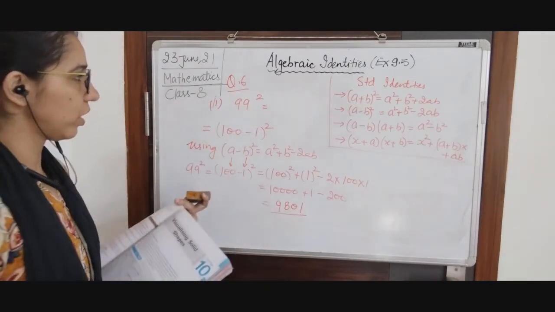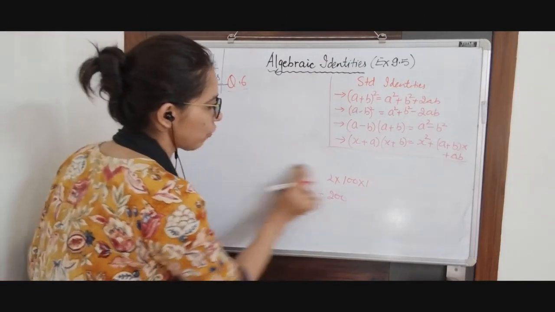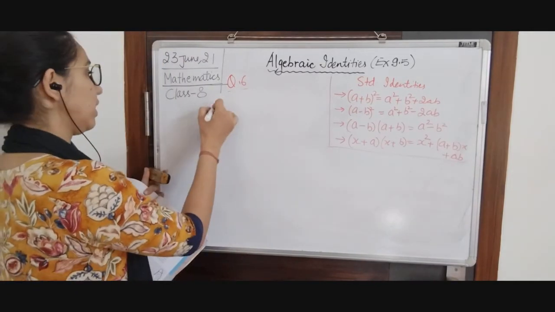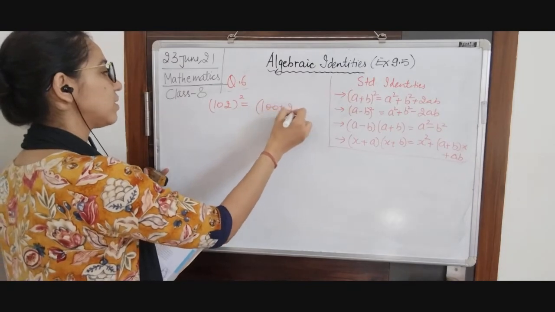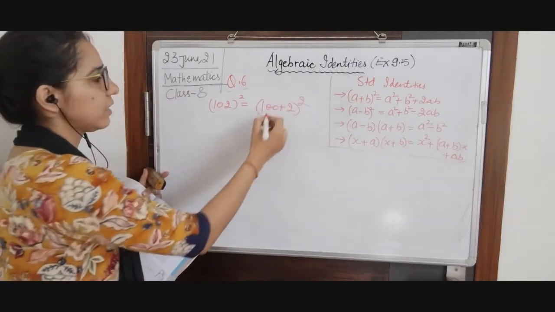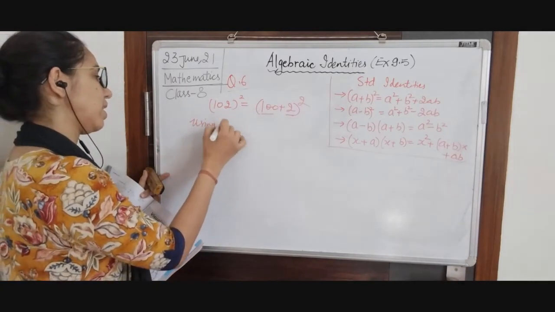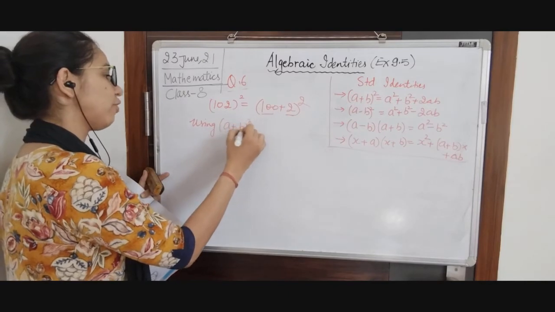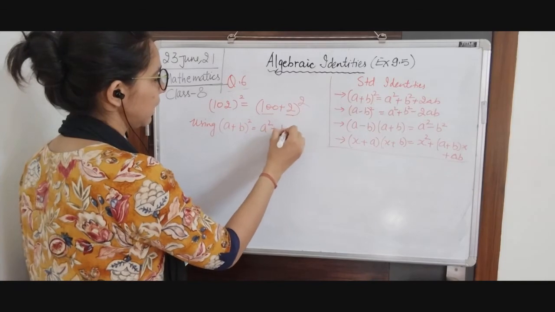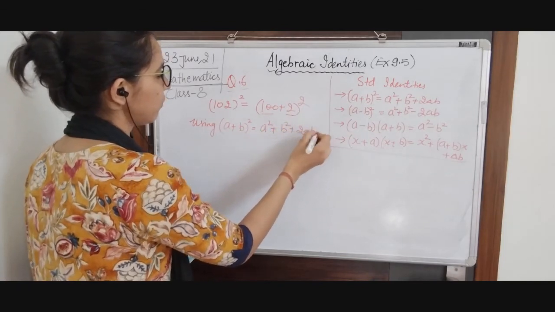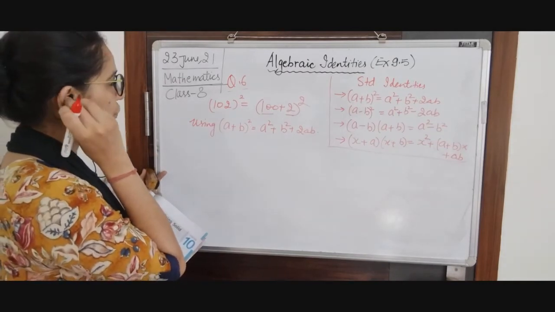Similarly 102 square. Now for 102 square, should we use a minus b whole square, or a plus b whole square? 102 whole square we can write as (100 + 2) whole square, and now you can use the identity (a + b) whole square. Our purpose is to simplify our calculation. So whatever way we get a simplified version, we are going to move to that side.